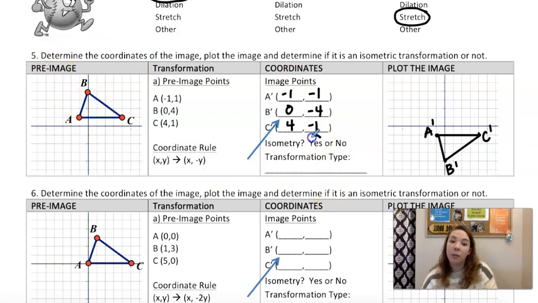So this is isometric. It looks like all of our angles would be the same and all of our distances would be the same. And if we really wanted to check, we could use our distance formula. But it looks like a reflection. Like we're reflecting right over this x-axis. We're taking it from the top and flipping it to the bottom.